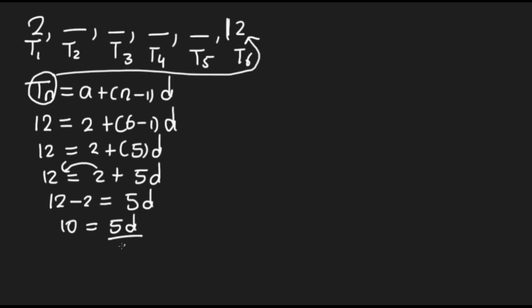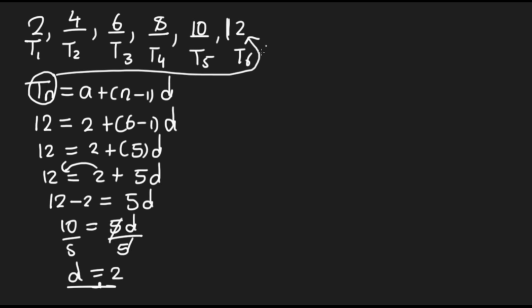Then to solve for D, we divide by 5 on both sides. So D is equal to 10 divided by 5, which is 2. That's how you can find the common difference using the first and the last term. To complete our sequence, we can just say 2 plus 2 is 4, plus 2, 6, plus 2, 8, plus 2, 10, plus 2, 12.